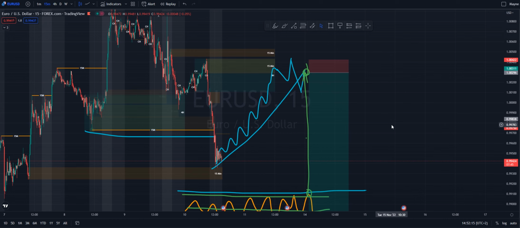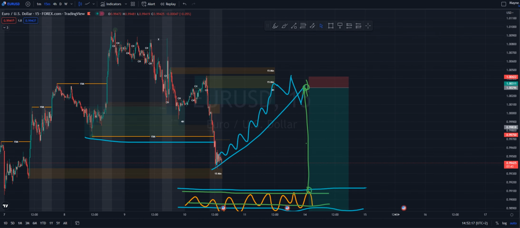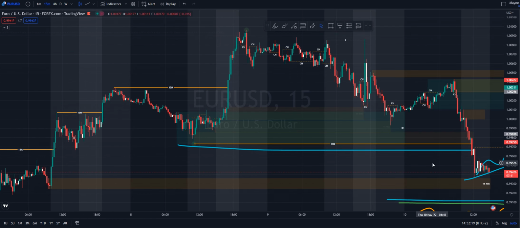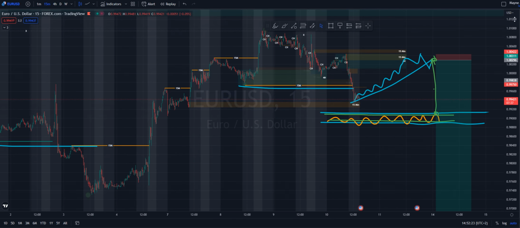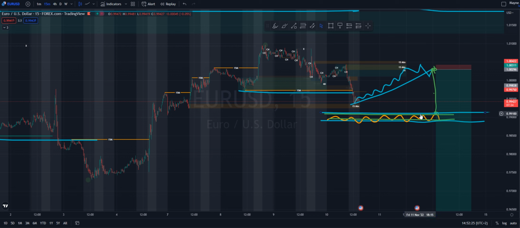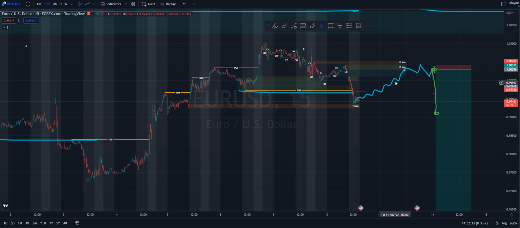Easy peasy. So yeah, this is essentially how we're looking to capitalize on the Euro USD. Mind you that as you are entering this trade over here, it is going to take quite a while for this price action to play out, for it to actually hit your take profit.